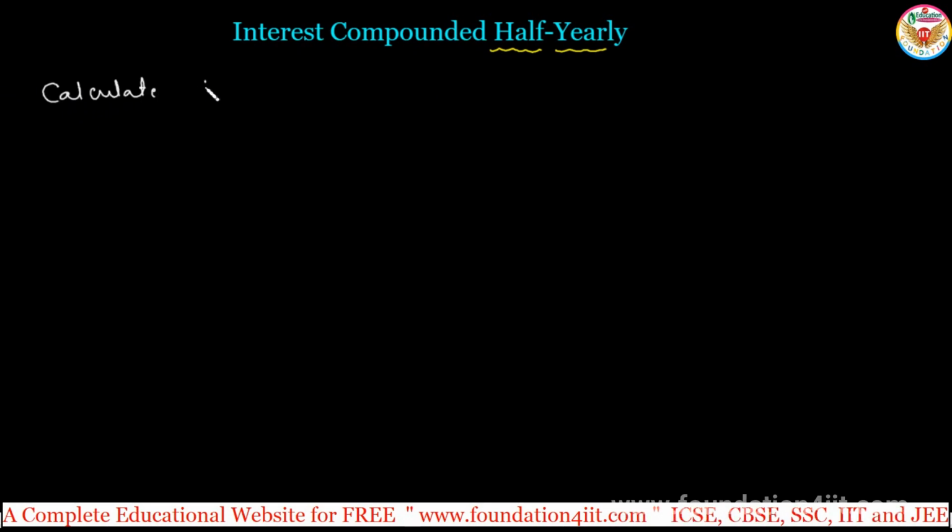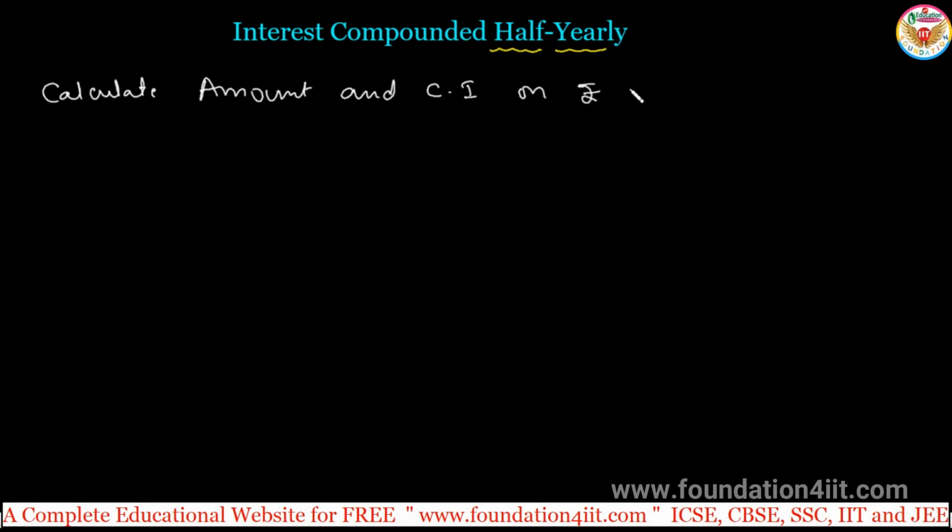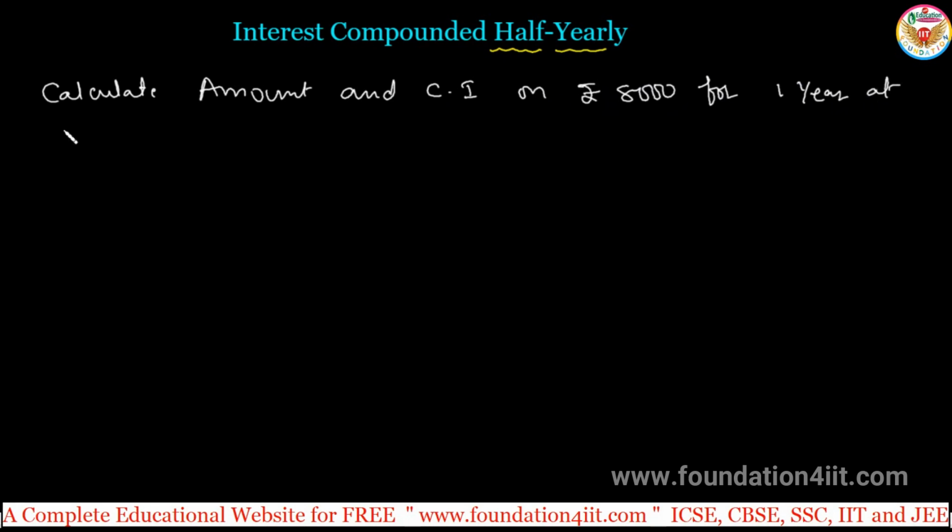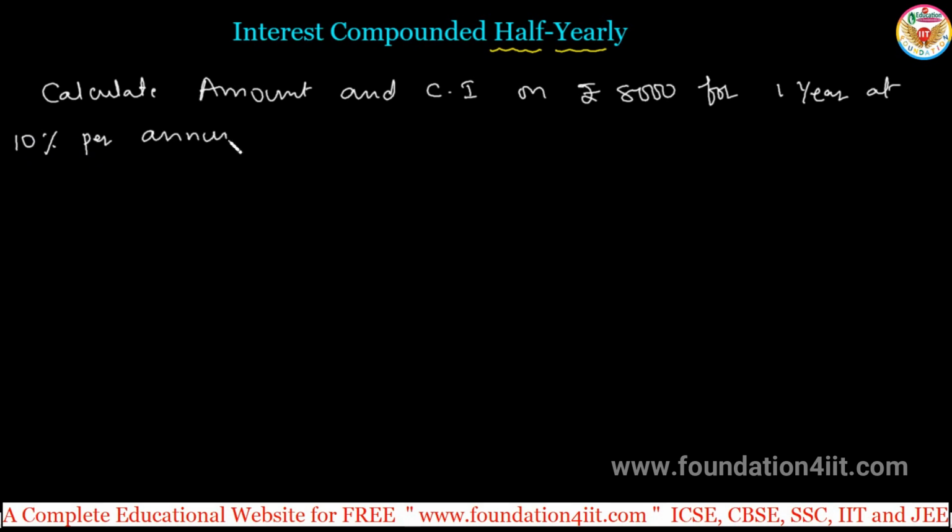Calculate amount and compound interest. Both you have to calculate on rupees 8,000 for 1 year at 10% per annum, compounded half yearly.